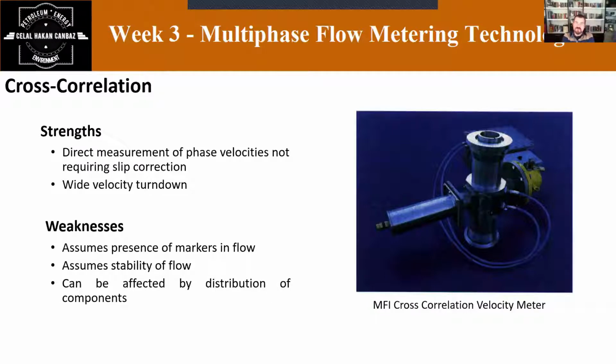It has a wide velocity turndown. And the weaknesses: it assumes the presence of markers in the flow. It assumes that the flow is stable, that it doesn't have any fluctuations. So it can be affected by the distribution of components.